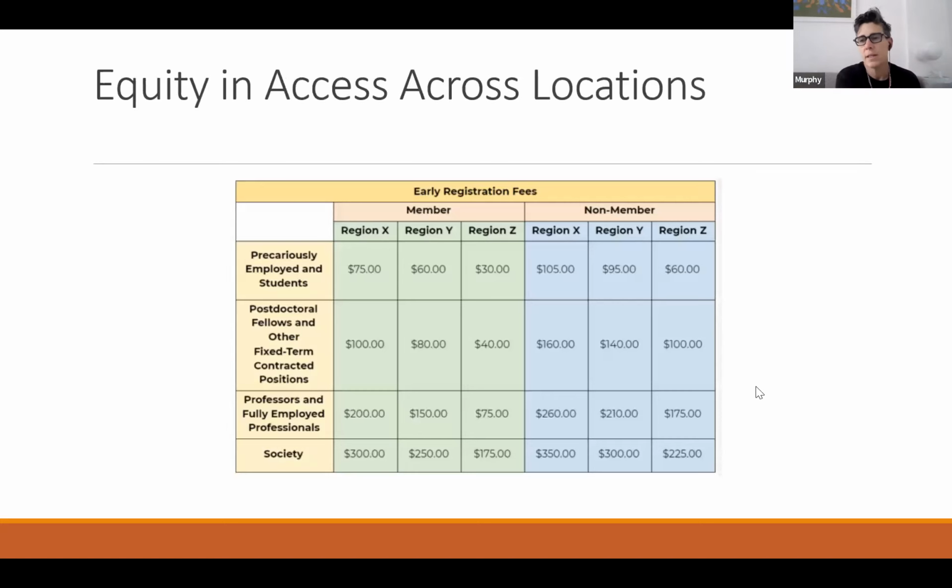And then the next thing we did for a kind of multi-dimensional accessibility is equity and registration. And here we looked around at lots of different conferences to see how they did equity in affordability, thinking about people's precarious employment or status.